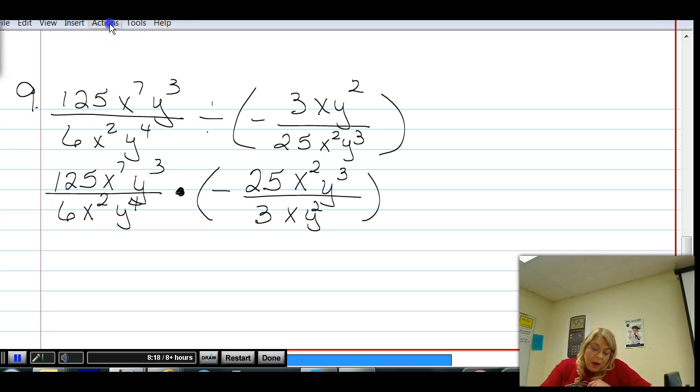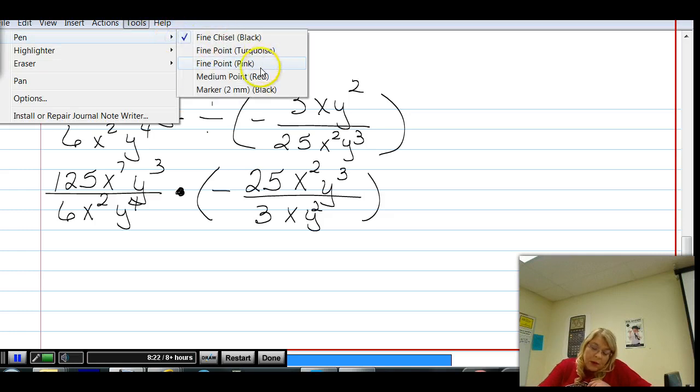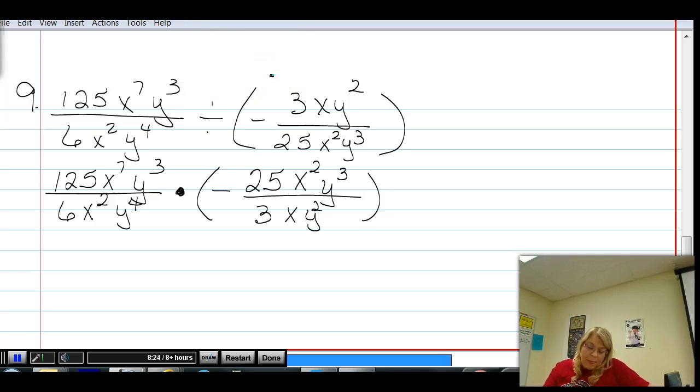Here we go. 125. Is there anything in the denominator that will divide into 125? No. Is there any x's in the denominator? Well, I have 2 of them right here.